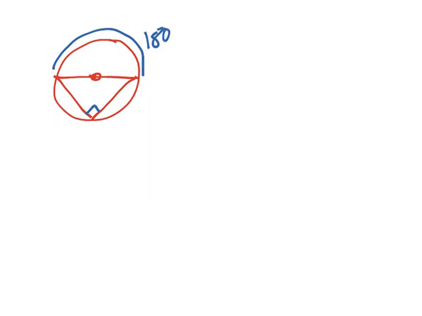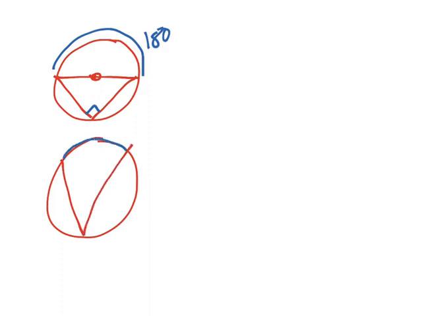The other one is that if I have a circle, and they share the same arc, then that means that the red one and the green one both share the blue one. That means that these two here have to be equal.